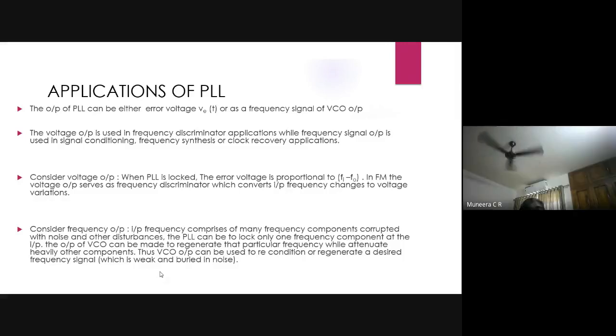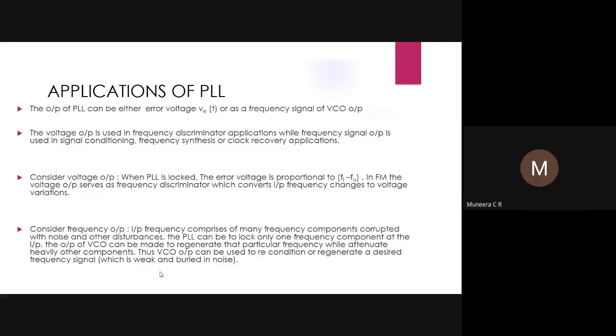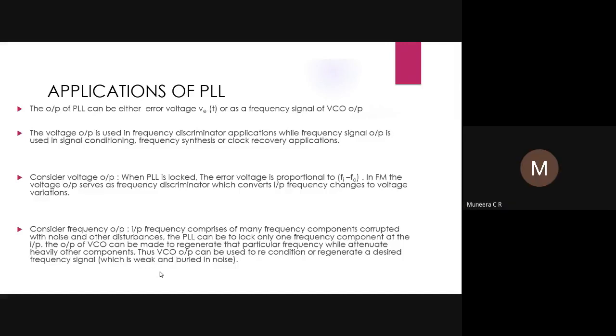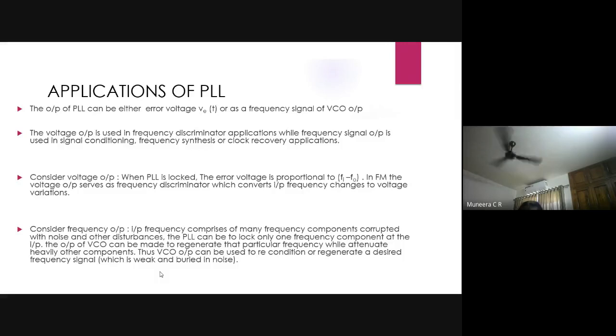Voltage output in frequency discriminator means the demodulation of FM, usually using this PLL circuit. As you know, what is FM? According to the amplitude of the information signal, the frequency of the carrier wave is varied, then it is called a frequency modulated signal.